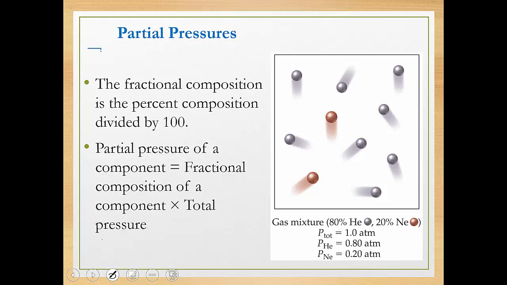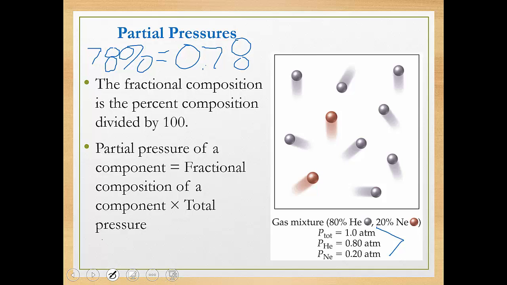All right, so 78% is going to be equal to 0.78. You're just taking the fraction of the whole. Once you have that fraction, you can multiply it by the total pressure of the gas to find out the partial pressure for that component. So if I have a gas mixture at 1 atmosphere of pressure, in this case a mixture of 80% helium and 20% neon, that's 0.8 atmosphere coming from helium, 0.2 atmospheres coming from neon.